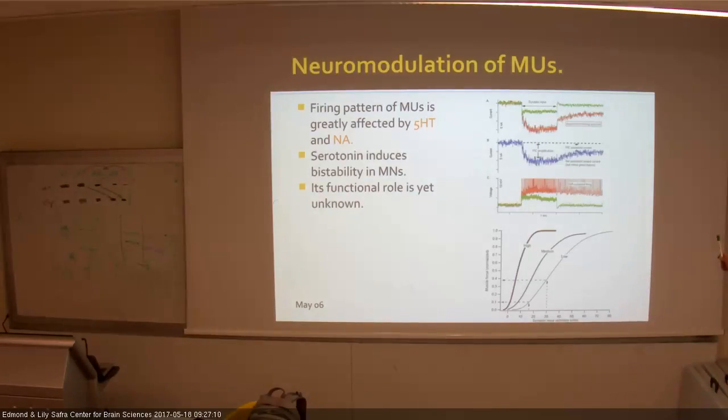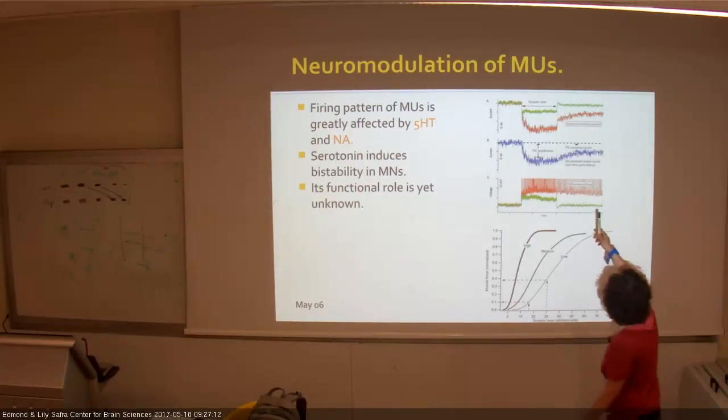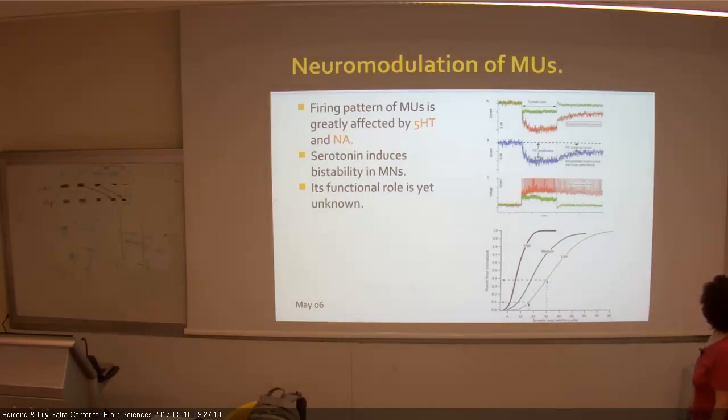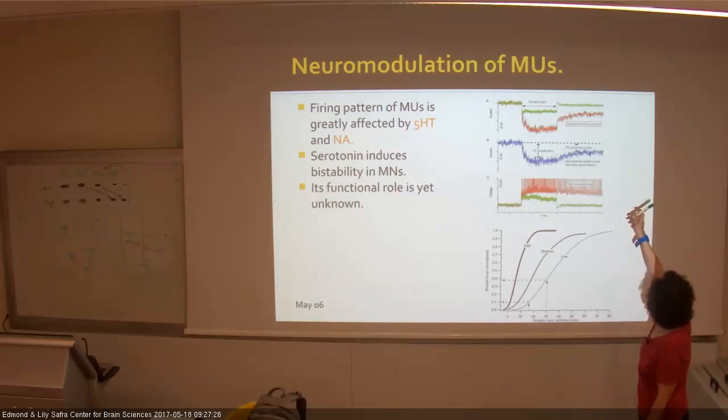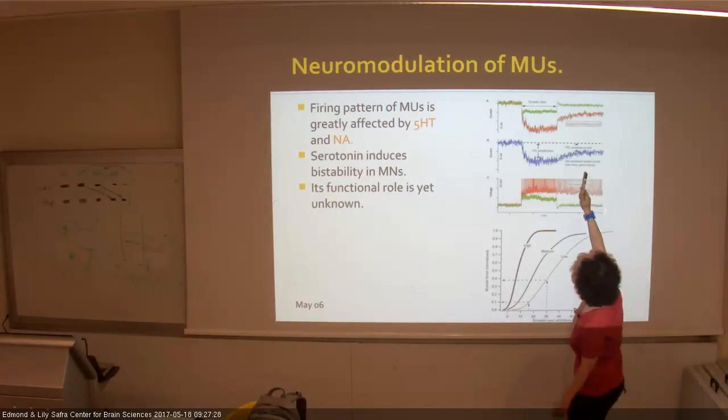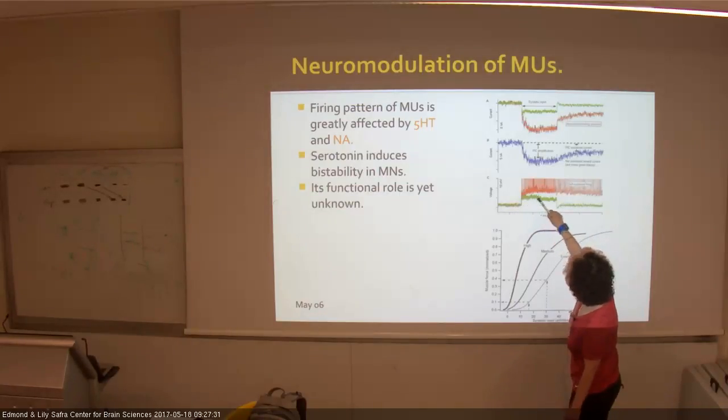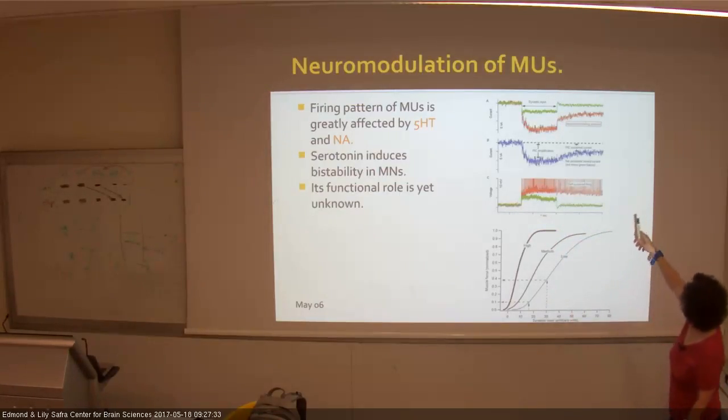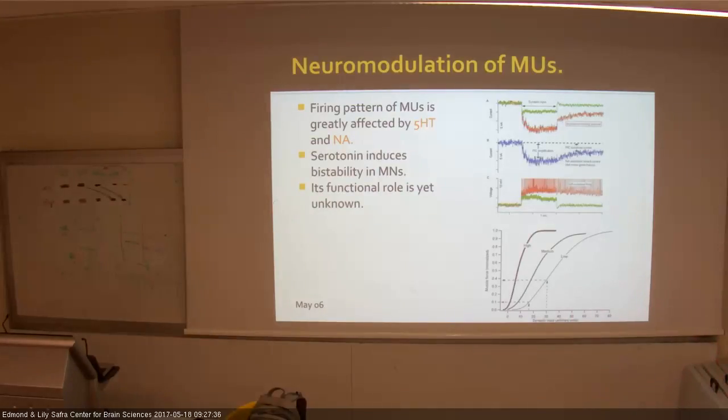What you can see here is a response of a cell to a current with and without serotonin. This is the response in terms of the voltage of the cell. We are injecting current in, and this is a slice preparation. We inject current, and we either put serotonin in the bath or not.